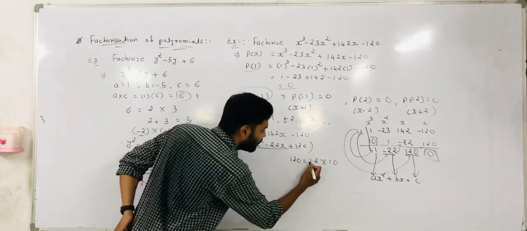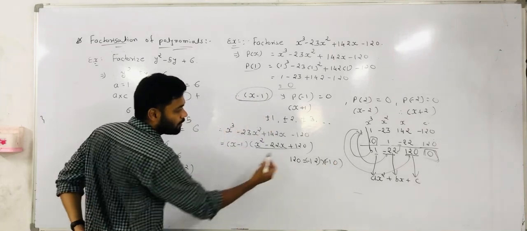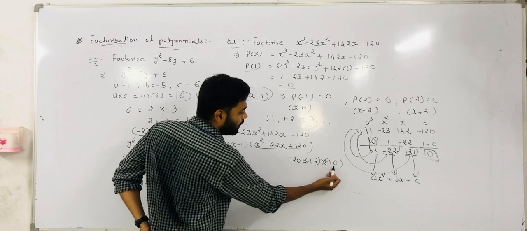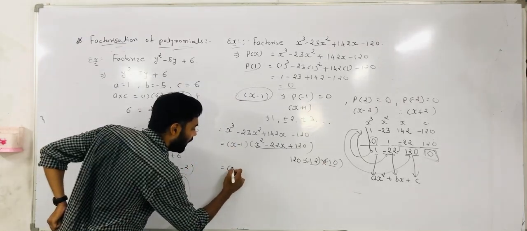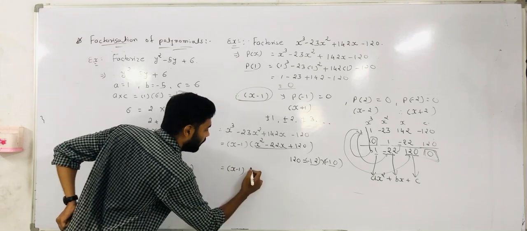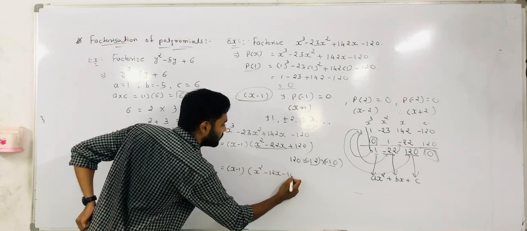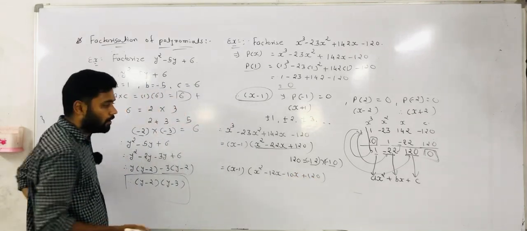But we know that if we take 12 minus and 10 also minus, तो minus minus that will be plus. So middle term split होगा minus 12 and 10 के साथ. So x minus 1 into x square minus 12x minus 10x plus 120.